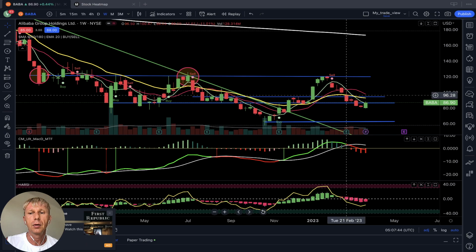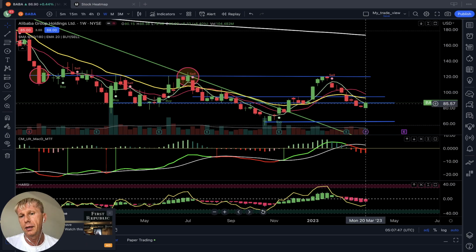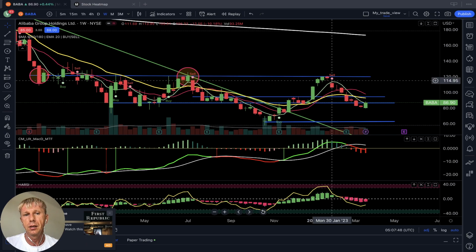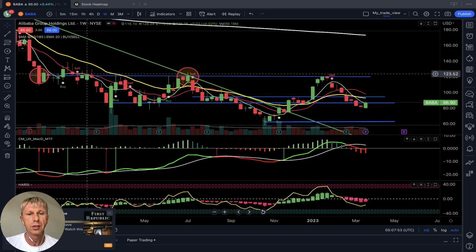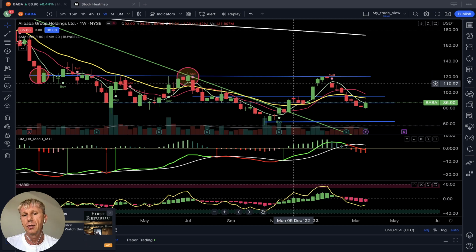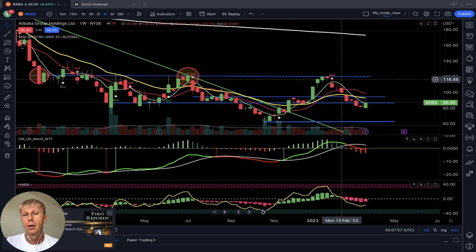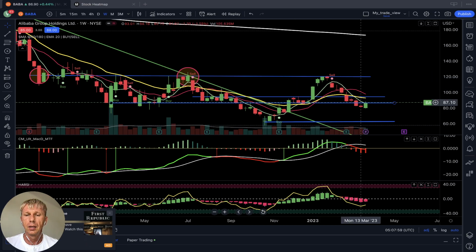Weekly time frame, first green week after like 7-8 weeks. Sell signal from this resistance level. This resistance level was sold several times, and this time it was sold also. It did go below this support line at 86 level, and it came back. Now it's a resistance.